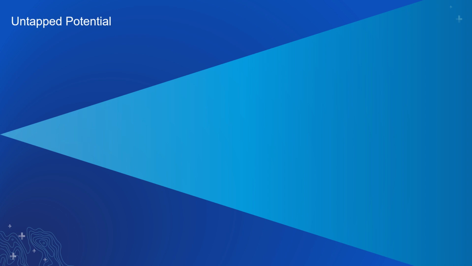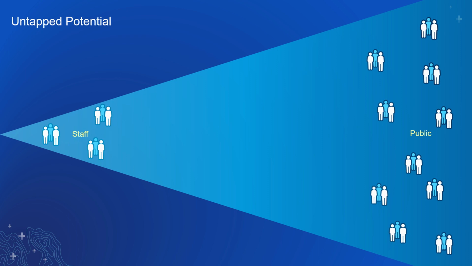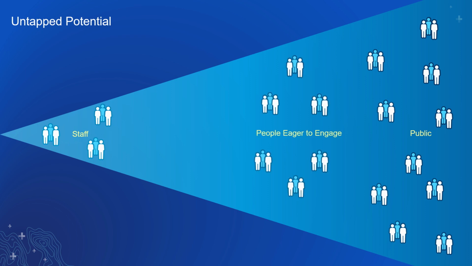Here's another mental picture we have in mind when we think about an initiative. For any initiative, campaign or project, you usually have a small team within your organization charged with making things happen. Often you need to communicate with the general public. Then there's a small group of the public that might be eager to help with these initiatives.